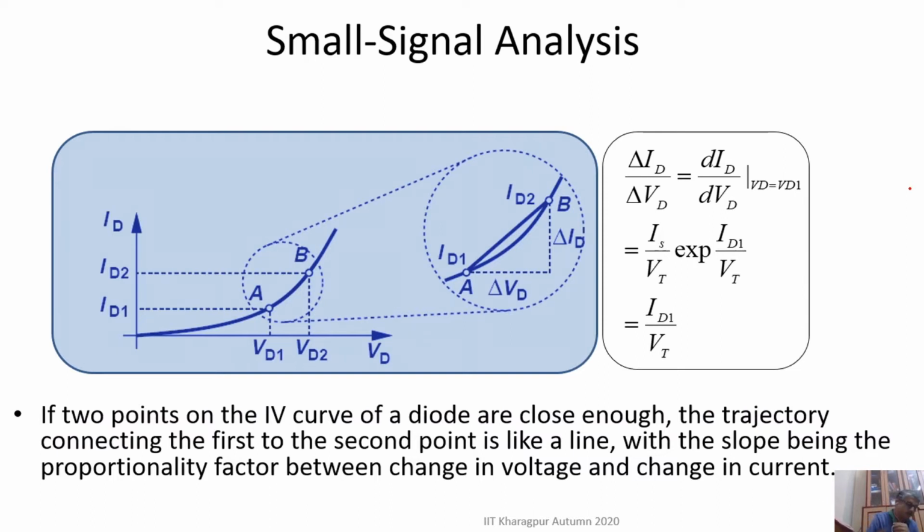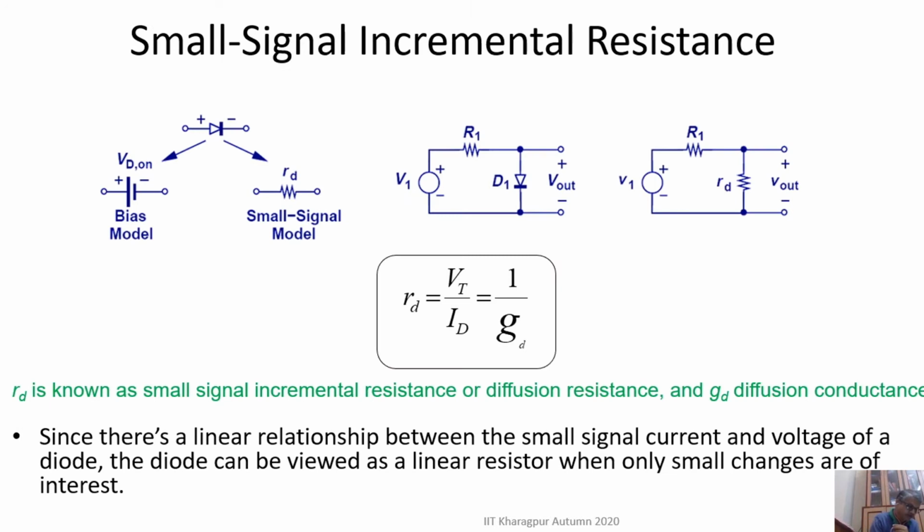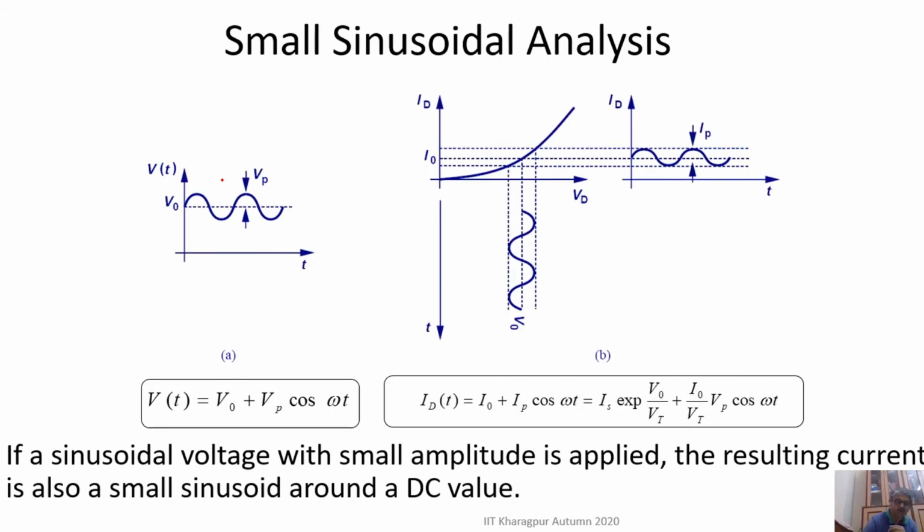Then we moved on and discussed the model of the diode when we use small signals, a small AC signal rather, and we have found RD, that is basically the diffusion resistance associated with the diode. So we can replace the diode with a small signal resistance, or also along with RD, there can be CD.